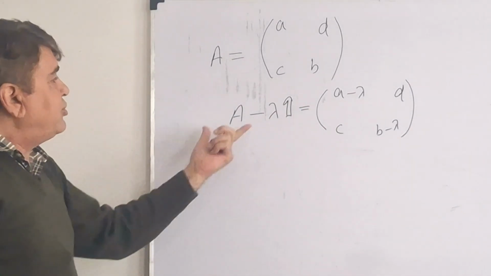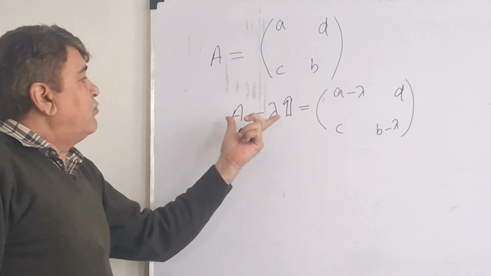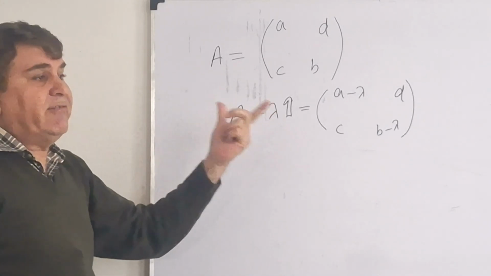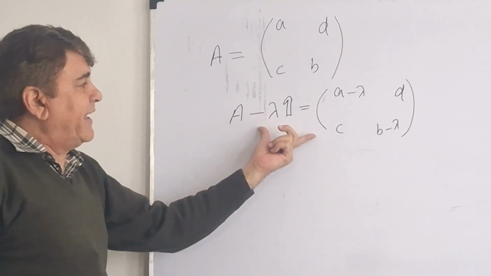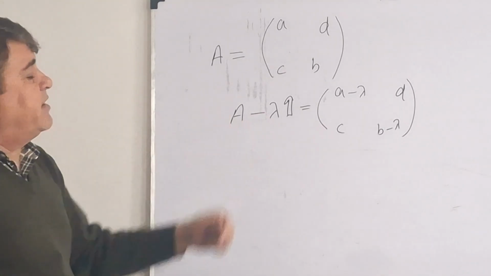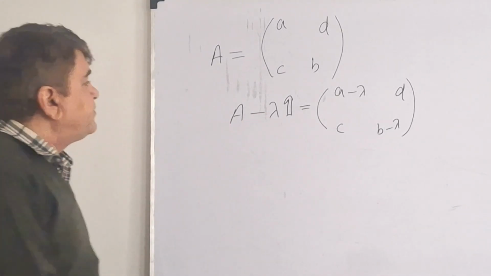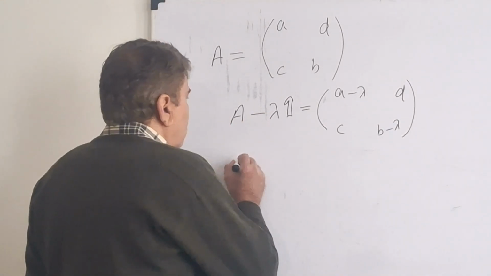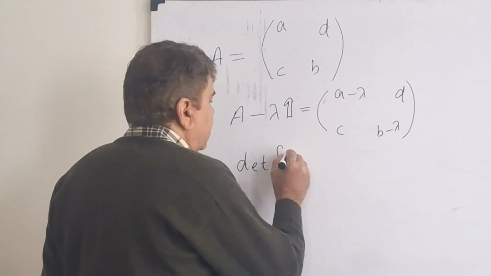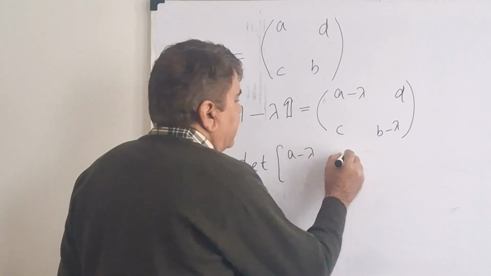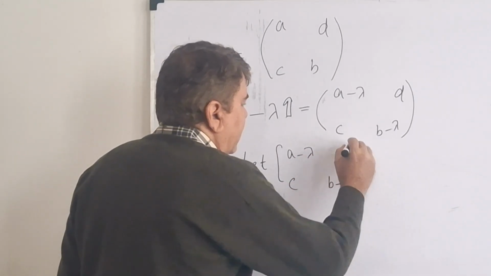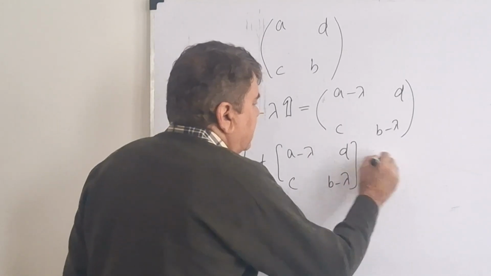And now there is a condition on this matrix that the inverse of this matrix does not exist. And if the inverse of this matrix does not exist, then we can take the determinant of this matrix equal to 0. That is, we write the determinant of A minus lambda, B, C, and D minus lambda equals 0.